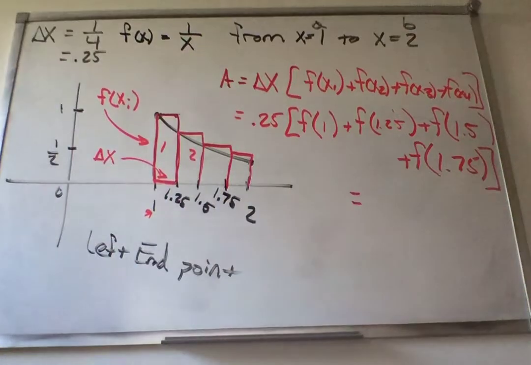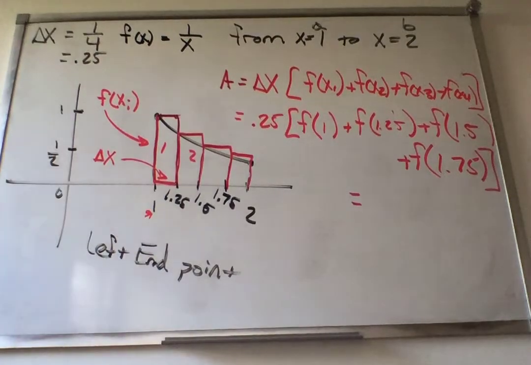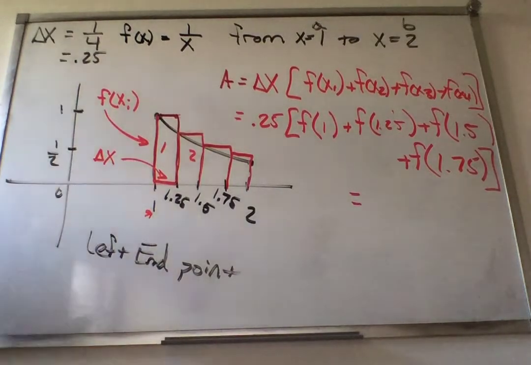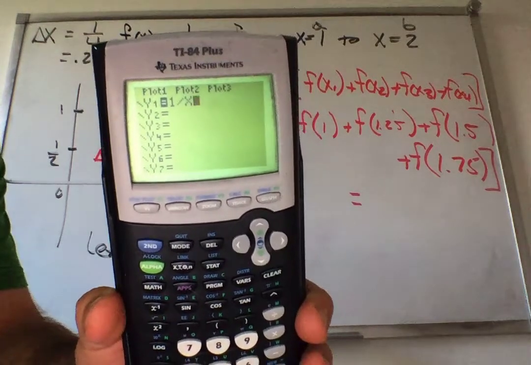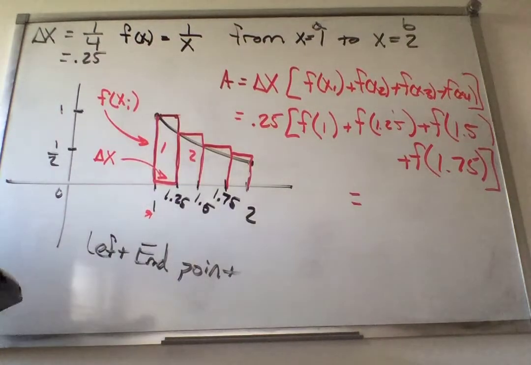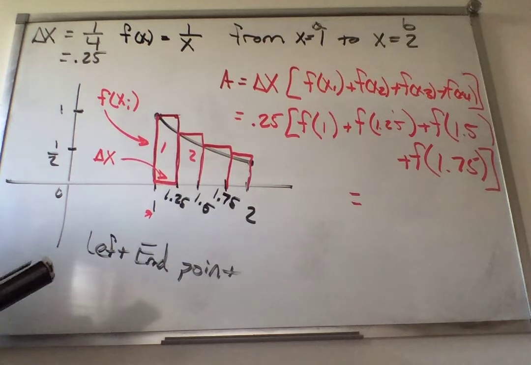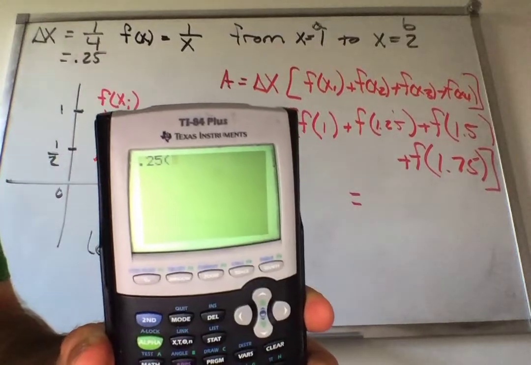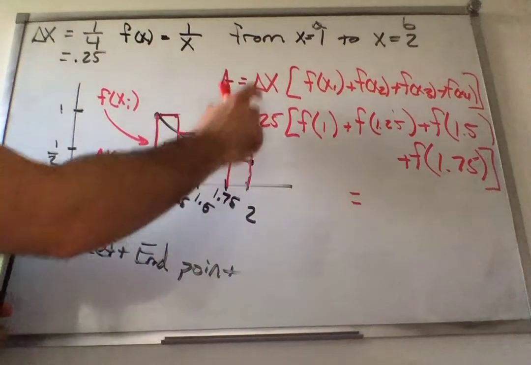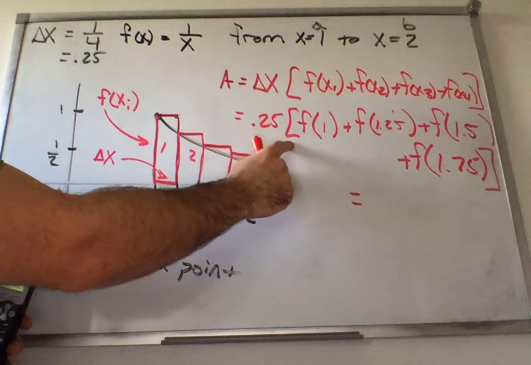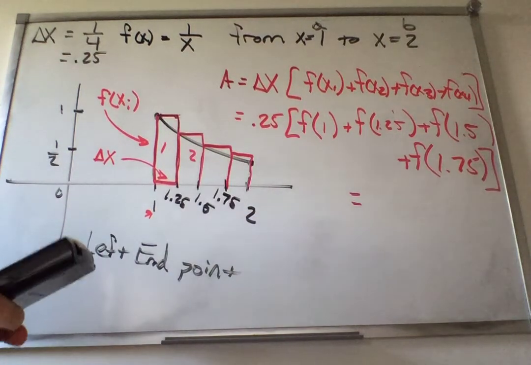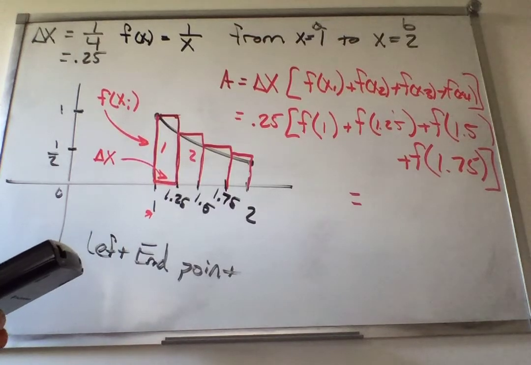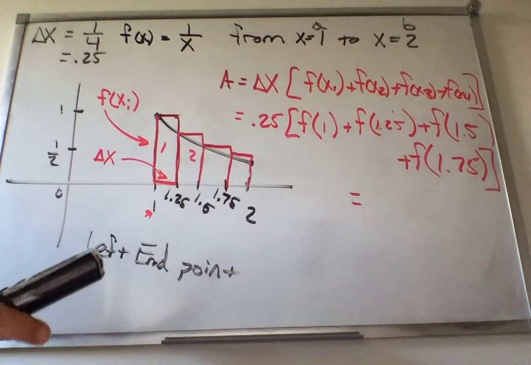Now we go ahead and compute this number on the calculator. I entered in my y1, 1 over x, my function. Now I'm going to type in 0.25 times, with the parenthesis, delta x, 0.25, and now I'm going to use my function values. Vars, go over to y vars, function y1 of 1.